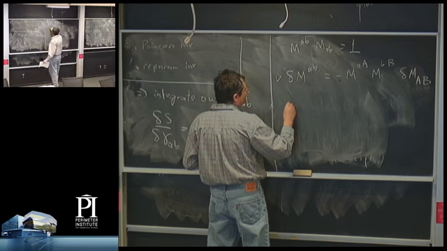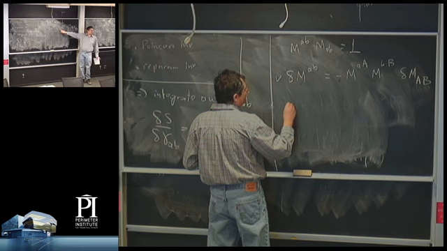Then what you can show is that the variation of M with upper indices is minus M^{AC} M^{BD} delta M_CD. You would have thought that you can simply go from delta M with upper indices to delta M with lower indices raised with the symmetric tensor. You would be wrong. There is an extra minus sign.